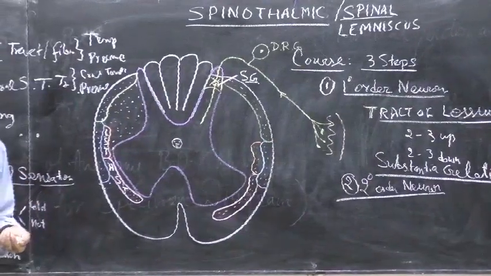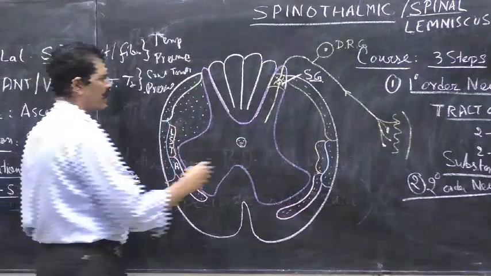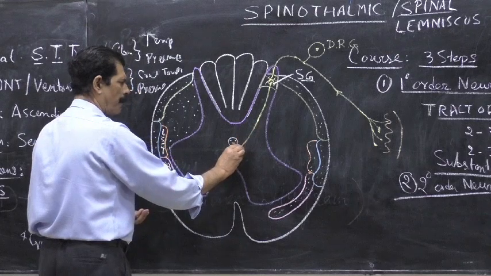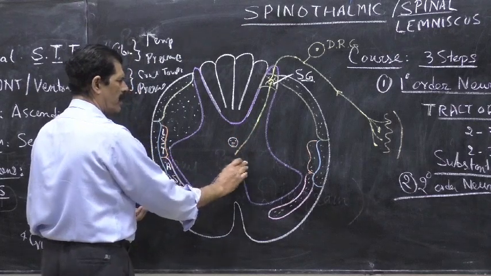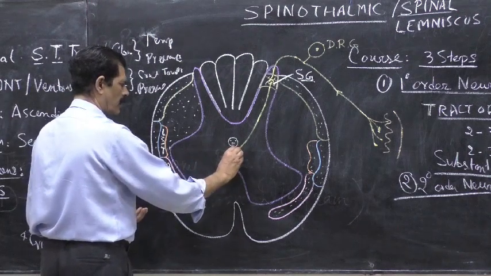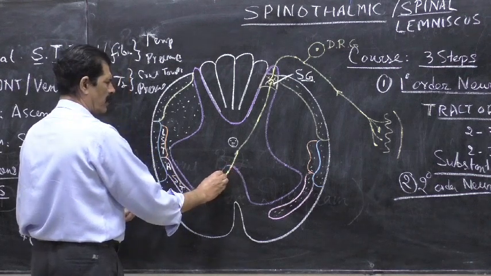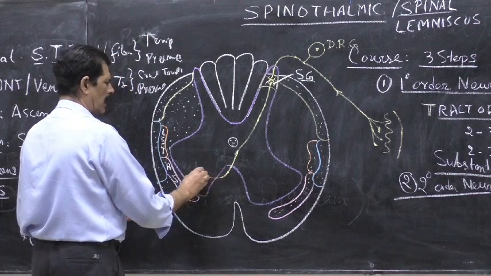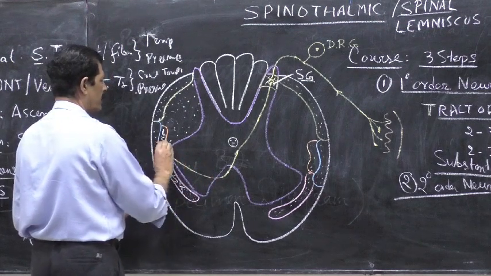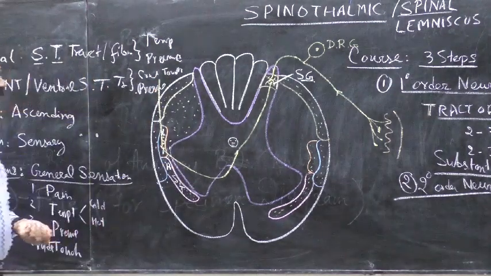Now as the rule, second order neurons cross. So naturally they also cross to the opposite side. They go into the gray commissure, and then they go into the white commissure, and pain and temperature ascend in the lateral spinothalamic tract.